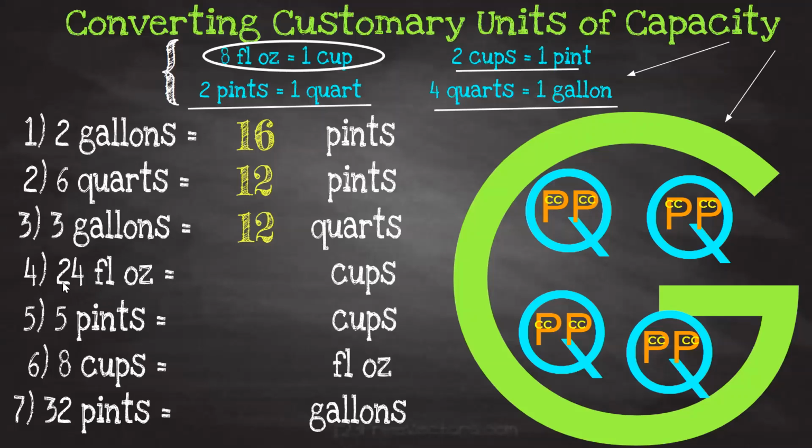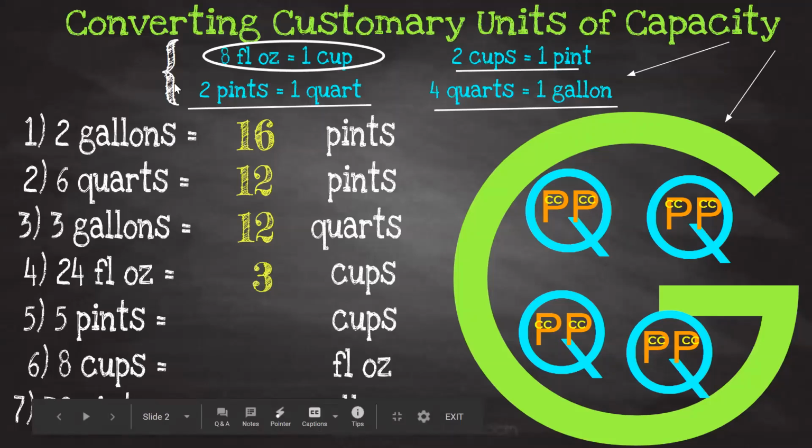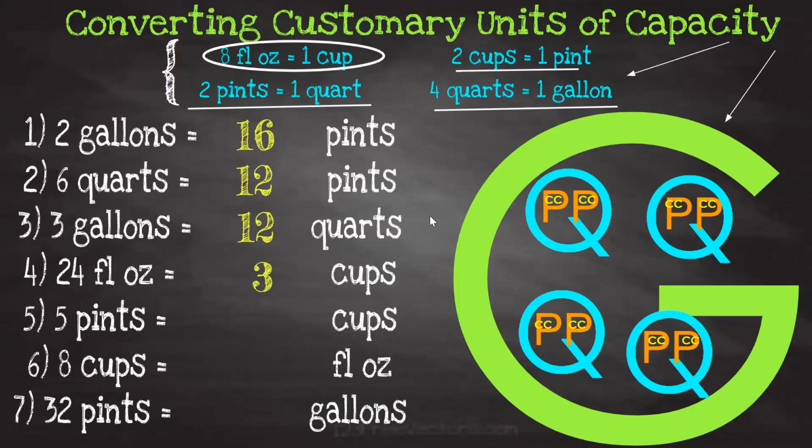So we divide 24 by 8. How many times can 8 go into 24? Another way you could think about that is 8 times what equals 24? And that will be 3. 24 divided by 8 equals 3. Okay? So 24 fluid ounces equals 3 cups.